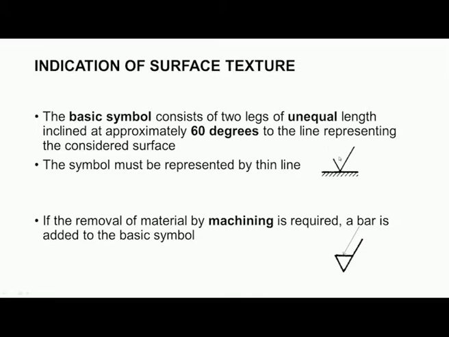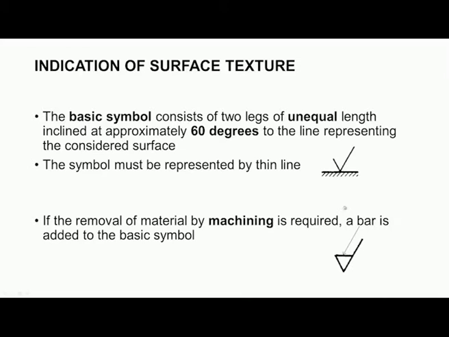This is the basic symbol used to indicate surface roughness on technical drawings. The lengths are unequal, they are separated by 60 degrees, and the symbol must be represented by a thin line.